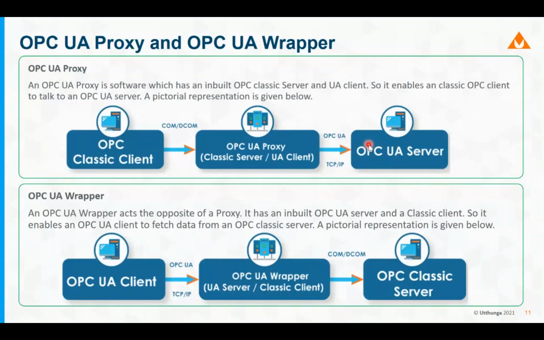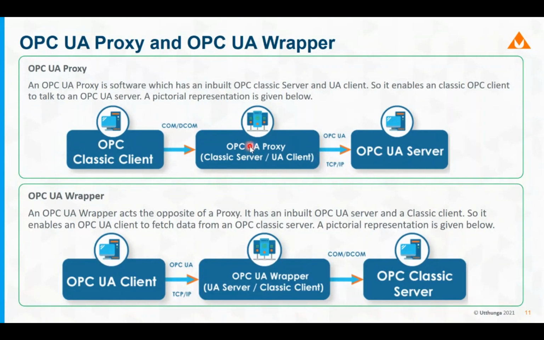Now let's talk about these products one by one. OPC UA Proxy is a product which sits between an OPC Classic client and an OPC UA server. You can see it here. It converts UA data to DA data to make it available to the OPC Classic client. Suppose there's a Classic client, and you have a UA server, and you want to make them connect, what you need is an OPC UA Proxy.